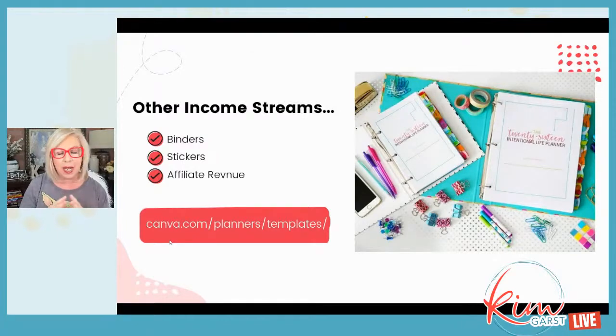If somebody is printing off your printable, then they're going to need things like hole punchers and potentially, as you can see here on the screen, binder dividers and things of that nature, maybe pins, clips, anything that would go into that pile, if you will.